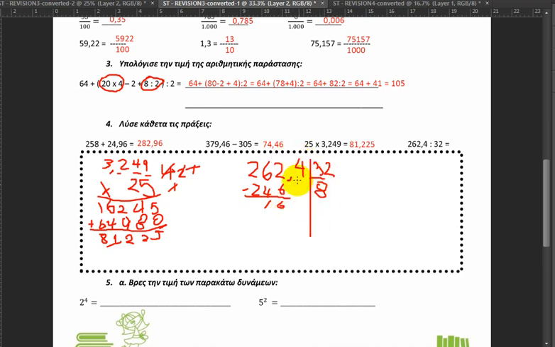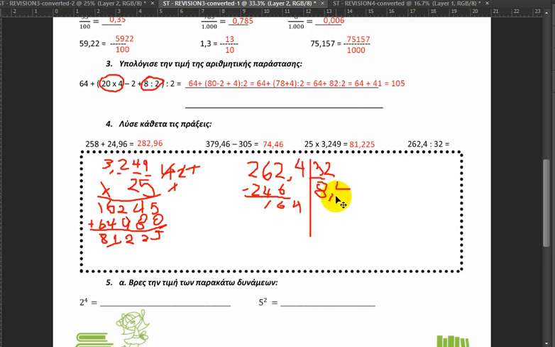All right, then I want to pull down the 4, but since I meet the decimal point, I need to put a decimal point in my quotient. Now I can pull down the 4. How many times does 32 fit into 164? I'm going to try 4.